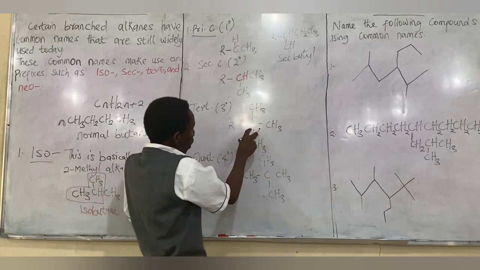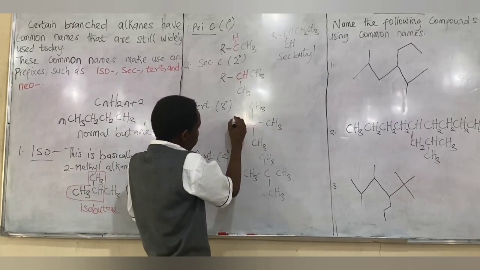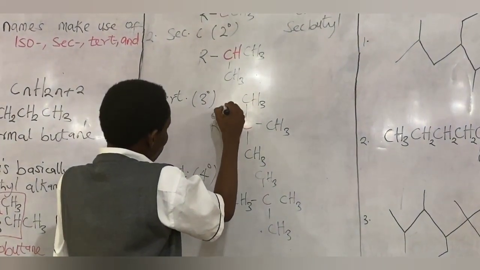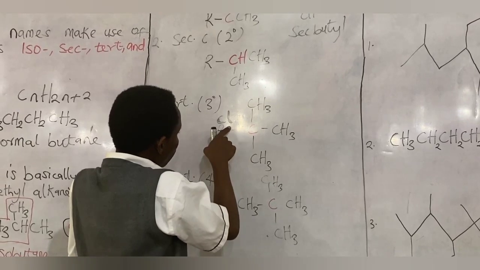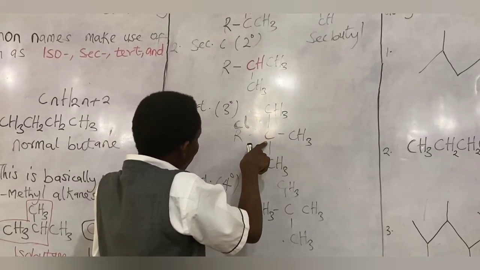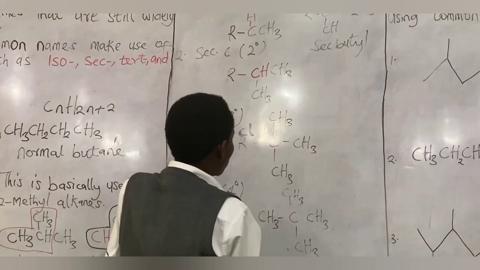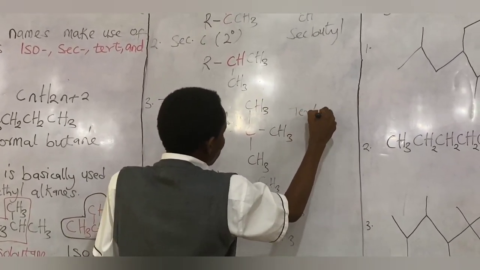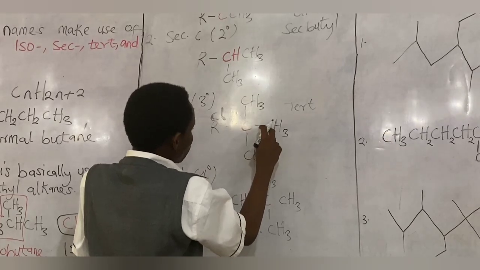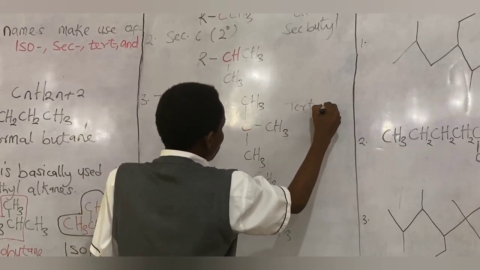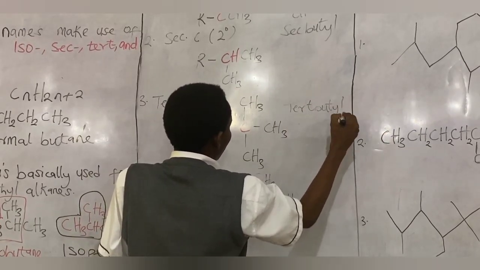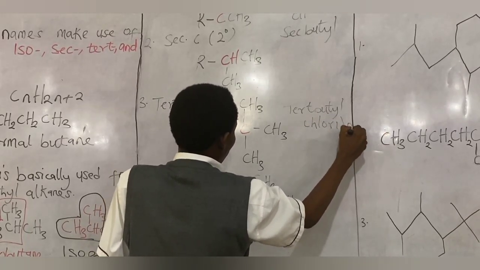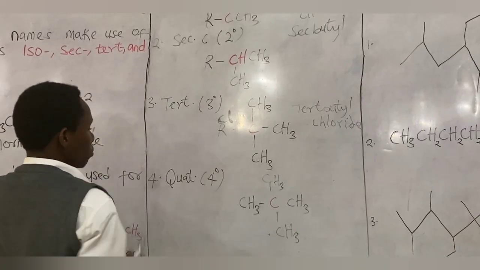This chlorine is attached to a tertiary carbon. Therefore, it will be tert. How many carbons? 1, 2, 3, 4. Butyl. And then chloride. That is how we name it.